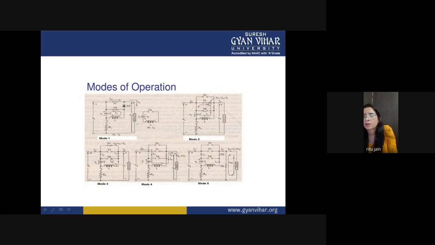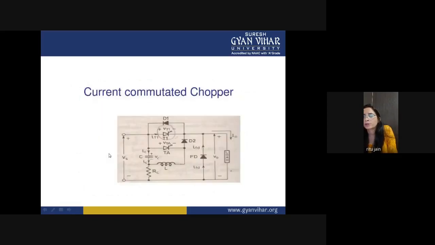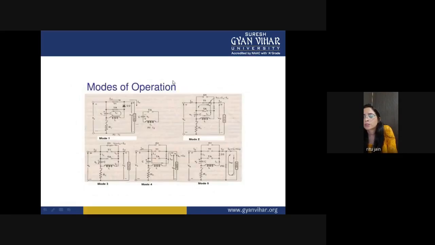Okay, now let's come to mode third. In mode third, the thyristor will be turned off, because when it starts to discharge, this terminal will be negative and this terminal will be positive. When this terminal is negative and this terminal is positive, diode D1 will turn on.